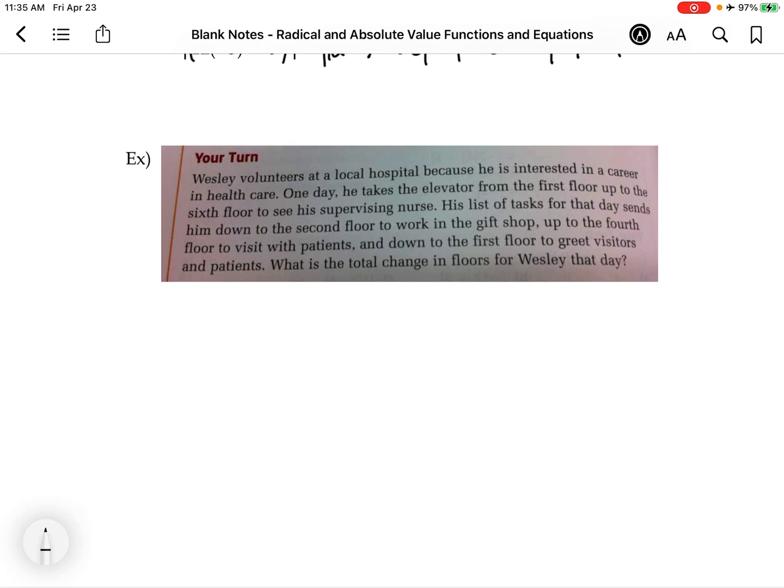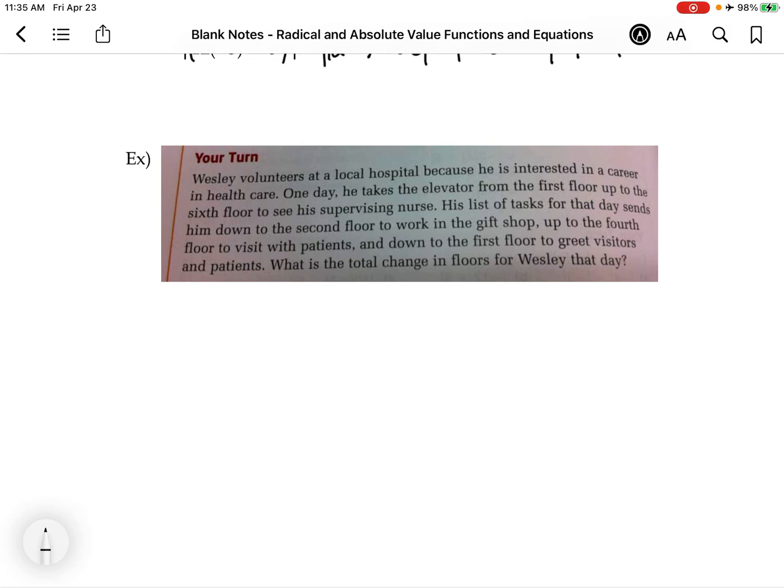Okay, so when you're thinking about distances traveled, we can think about the difference in positions and the absolute value of those differences in positions. So let's say you start at 2 and you end at 6. The difference in positions is -4. But if you take the absolute value of that, now you've actually gone a distance of 4.